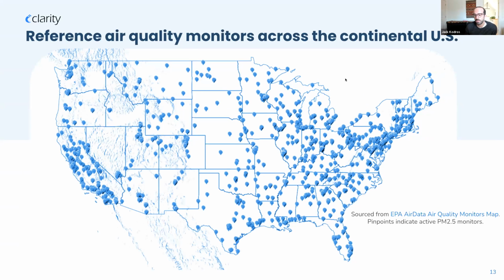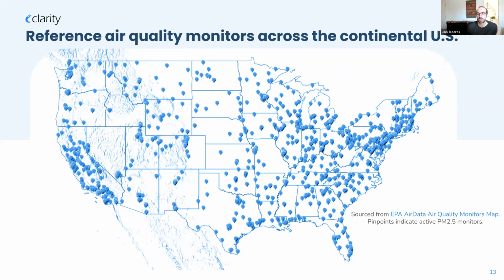So first, I kind of want to go into where and when we can use and make the most benefit of low-cost air quality sensors. So here I'm showing a map from the EPA showing PM 2.5 monitors in the United States. Now, the EPA has done a fantastic job increasing the network of regulatory and reference instruments.